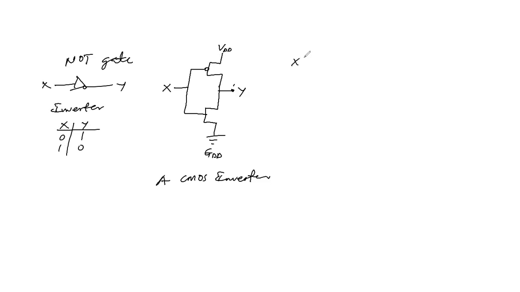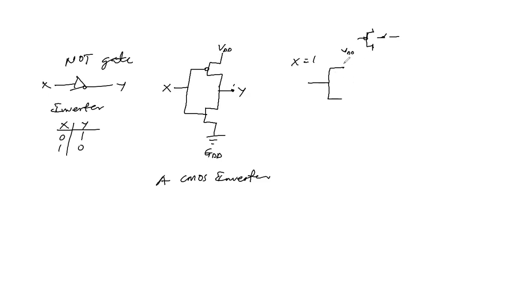So when X is equal to 1, what do we get? It means that the PFET acts as an open circuit, right? So it means that VDD does not get into the circuit, so it's open, right?